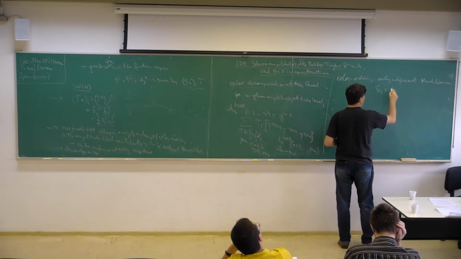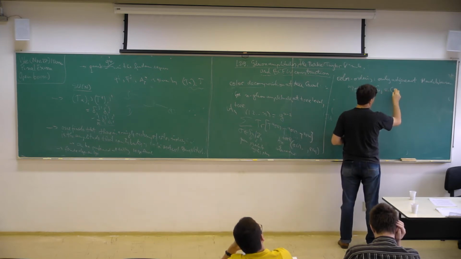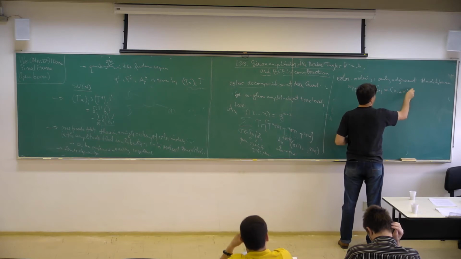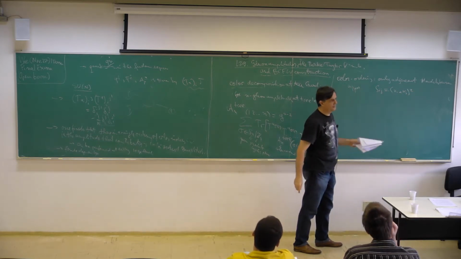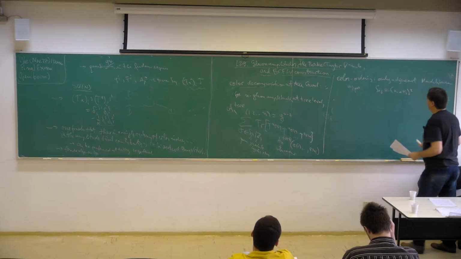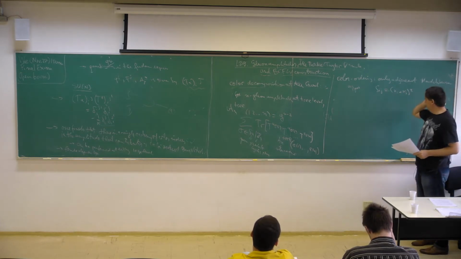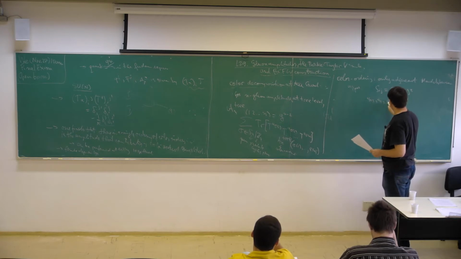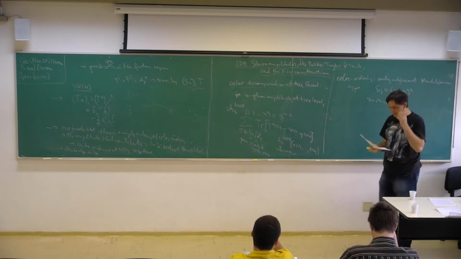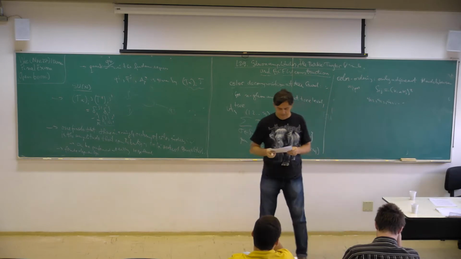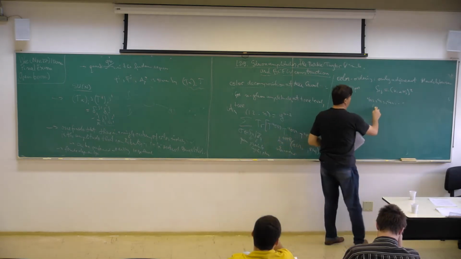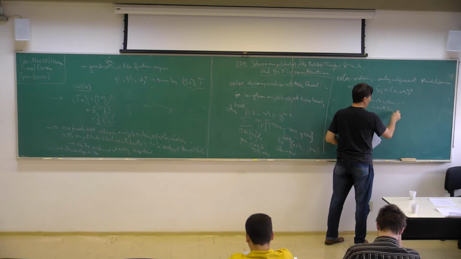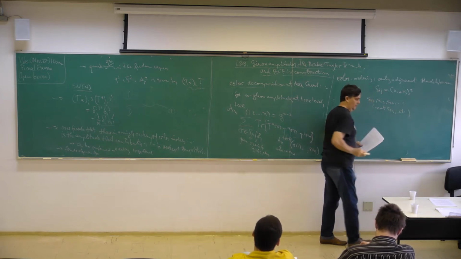I defined generalized Mandelstam variables before as this: if I have external momenta ki, kj, the square of the sum is called Sij. And adjacent means S12, S23, S34, and so on. Only these appear, but not S13, etc. These are not adjacent.